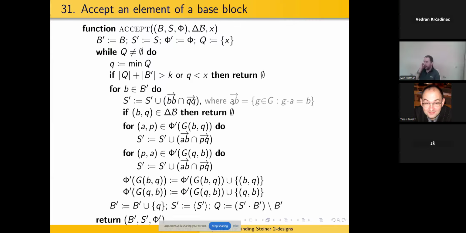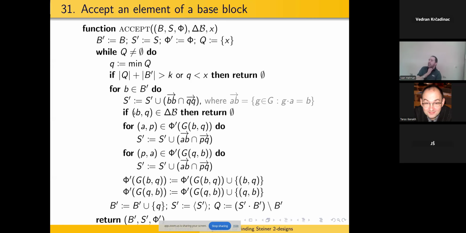So vector AB is the elements of the group G such that the action of G on A is equal to B. Because we are working in G-spaces, this BB and QQ can be non-trivial as well. So we need to extend the stabilizer at first with this.